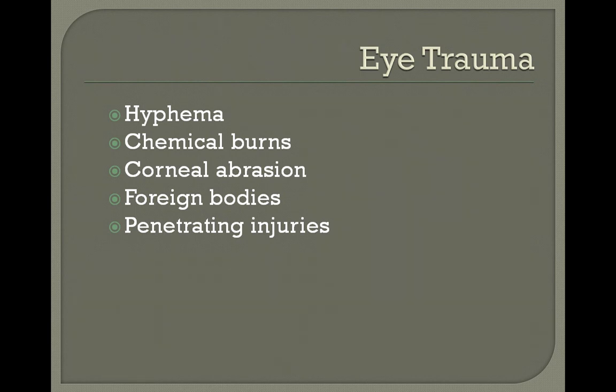And so when this occurs, the person may complain of eye pain, decreased visual acuity, and the person may say that they see a reddish tint. And the person may also have blood that's visible in the anterior chamber of the eye. Also, it may be noted that the person may complain of pain when they move the eye upward, and the eye may appear to have a sunken appearance to it.